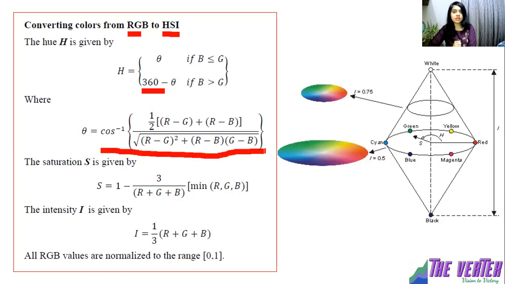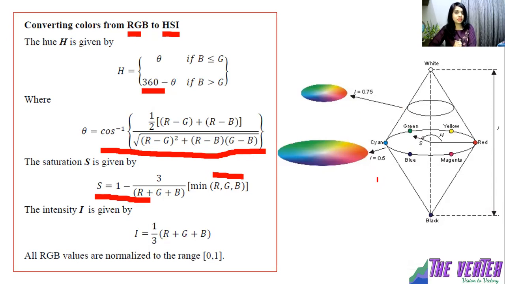Then the saturation S: S is equal to 1 minus 3 upon (R plus G plus B), multiplied by the minimum of R, G, B, whichever is the smallest. And intensity I is given by (R plus G plus B) divided by 3.